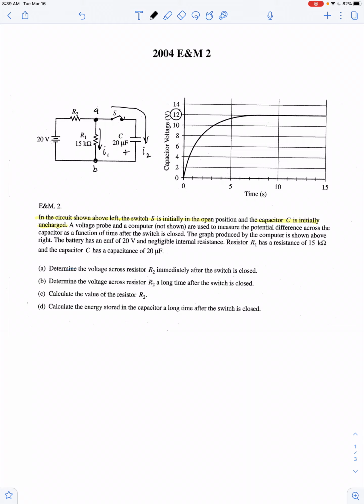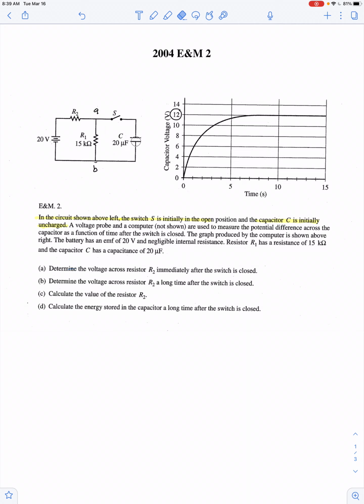Let's think about the ratio of these currents, I1 and I2. Remember, in the initial condition, the capacitor behaves as if it's a resistor of zero resistance. So at the very instant the switch is closed, the value of I1 is actually 0. None of the current would flow through a path that has 15,000 ohms of resistance when there's a path available that has 0 resistance to it.